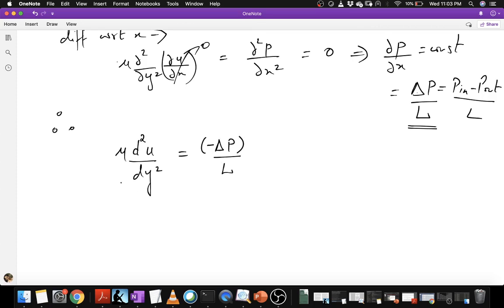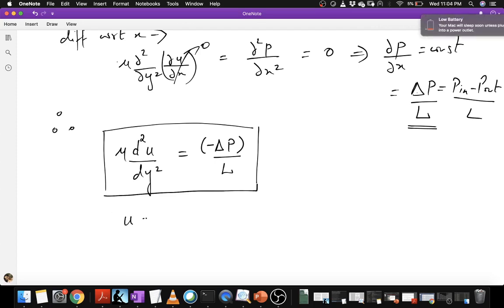So now this is our governing equation after simplification for unidirectional flow and steady flow, and this has to be accompanied by our two boundary conditions, which is basically u is equal to Vs at y is equal to 0 and h.